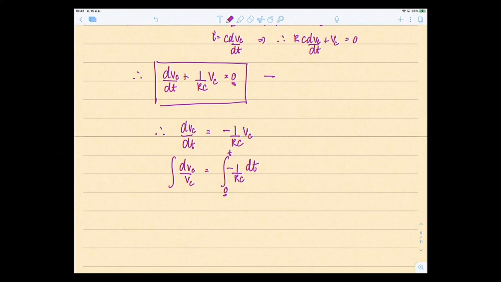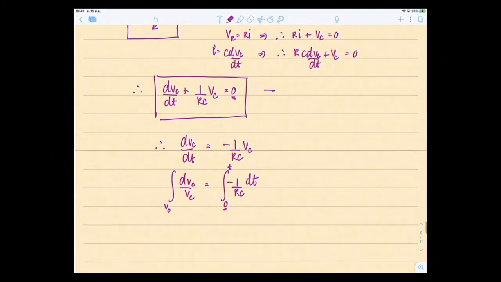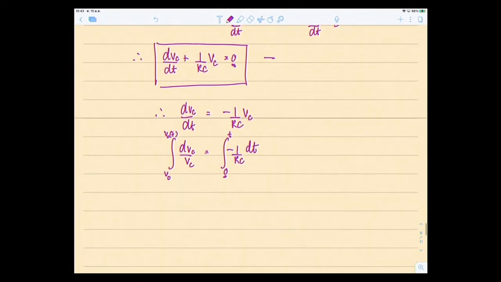So at t equal to 0, VC is V naught, and at any time beyond that, it's some VC we don't know yet. Integrate that, calculus please: the integral of dx over x equals ln x. So you have ln VC, natural log, from V naught to VC of t, equal to the integral of minus 1 over RC, which becomes minus t over RC from 0 to t.